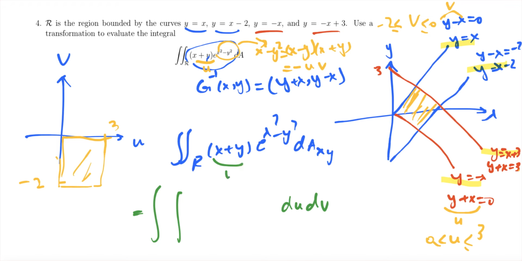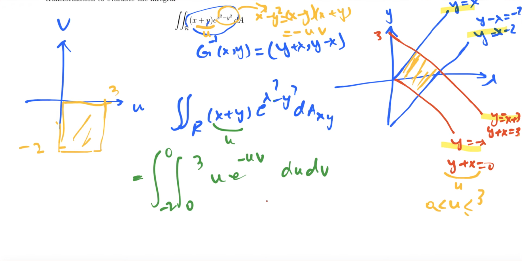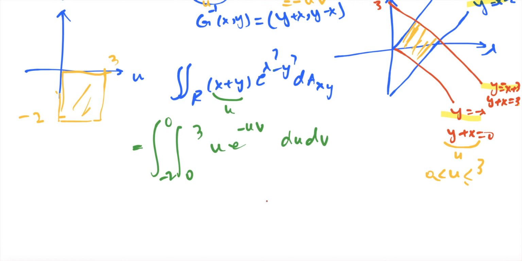This is u. That one is e to the power negative uv. u runs from 0 to 3. v runs from negative 2 to 0. And then I realize I don't have the Jacobian. So how do I compute the Jacobian?